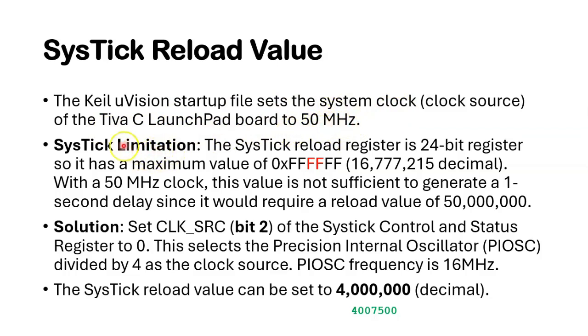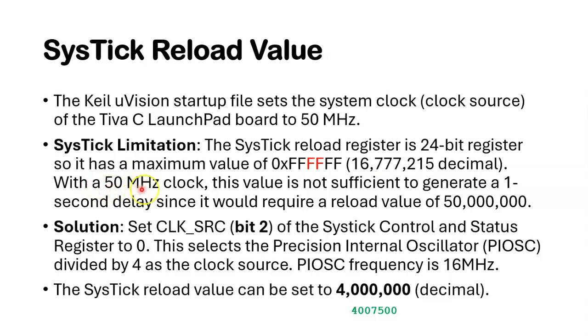Now there's a limitation to the SysTick. If you remember from an earlier discussion, we know that the SysTick reload register is a 24-bit register, so it has a maximum value of FFFFFF hexa. Now in decimal, that will be 16,777,215.